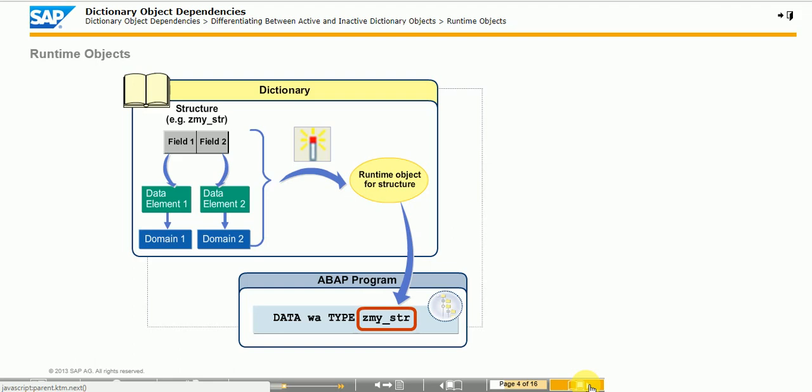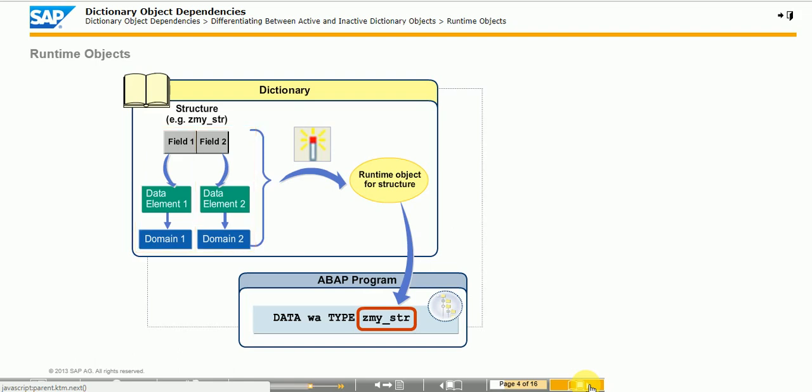The runtime objects contain the following information. Information about the overall structure, for example, number of fields, information about individual structure fields such as field name, position of the field in the structure, data type, length, number of decimal places, reference field, reference table, check table, conversion routine, and so on.